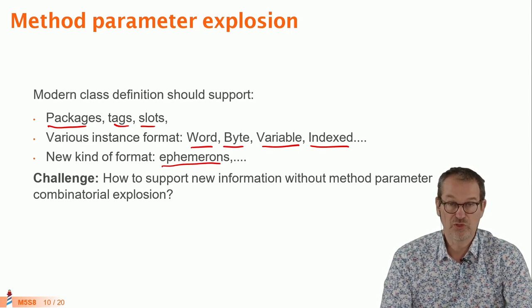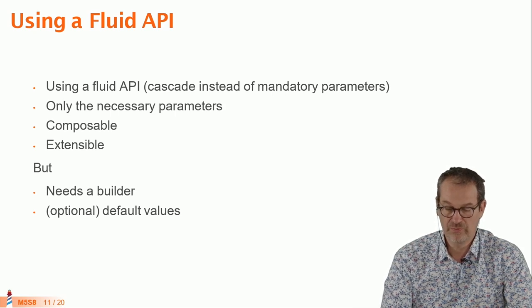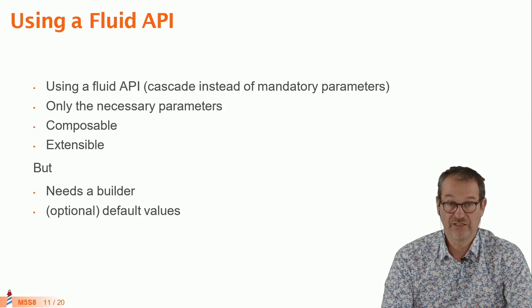We said, okay, we cannot continue like that. So we decided to use a fluid API. This means using optional arguments and being able to control the mandatory parameters and only specify the necessary parameters. Like that, we have a syntax that is extensible.